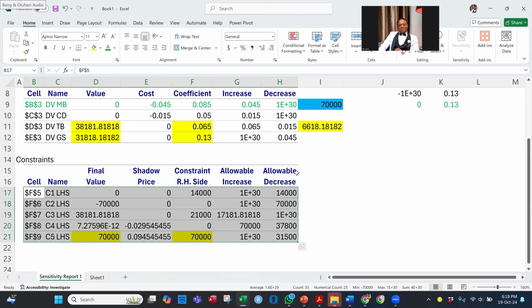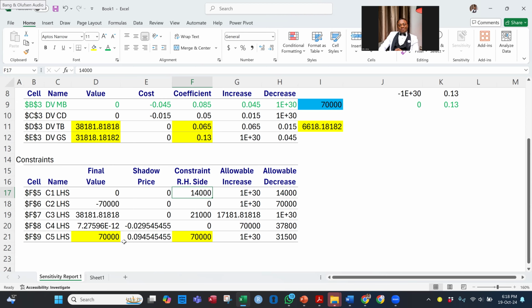Who can tell me how to get the answer? How do you get the one that will give you the most return? For your information, the most return is the highest Z value, highest objective value.